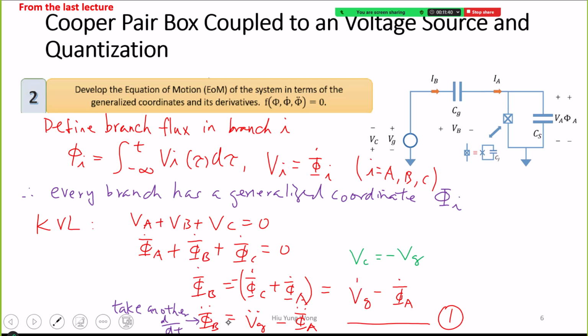The second derivative of phi B equals the second derivative of Vg minus the second derivative of Va. This is just all math. The important thing is that you understand what we are trying to do now. We use KVL, and I write everything in terms of generalized coordinate and velocity. Okay, any questions?